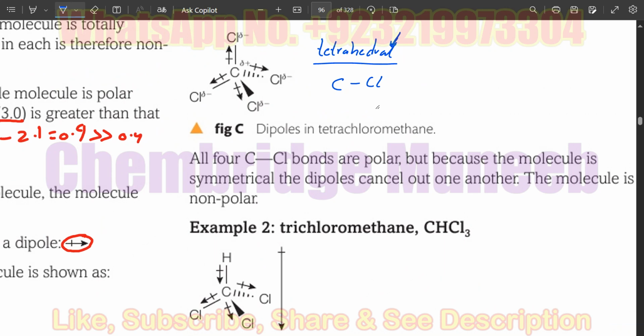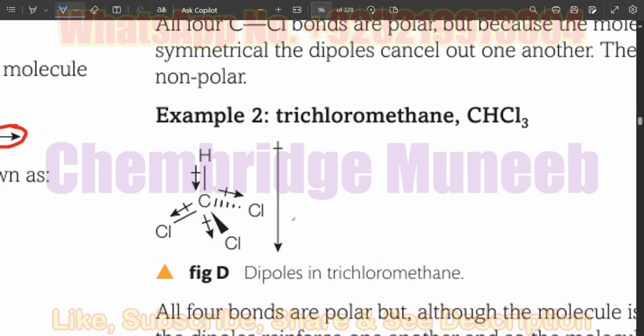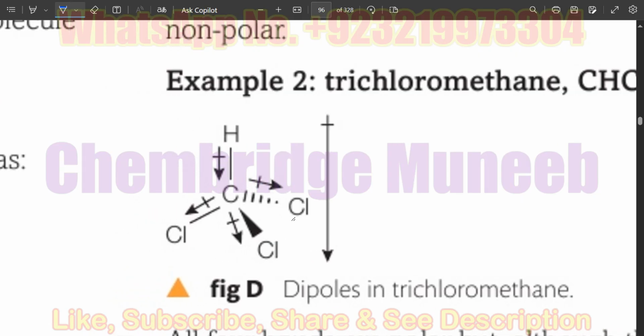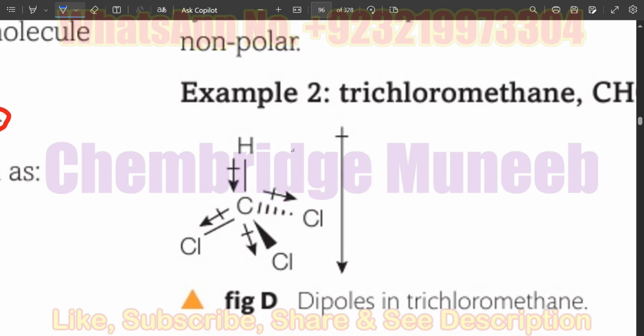Now let's take this last example, trichloromethane. Now tell me about this molecule. Is the molecule polar or non-polar, and why? Polar. Why? Because not all of the atoms bonded to the central atom are the same.